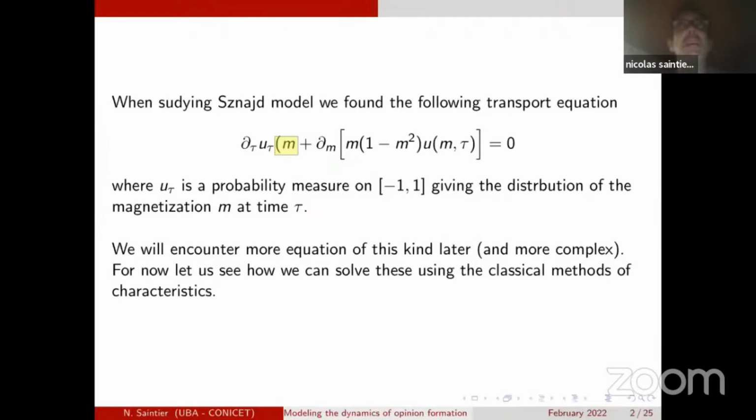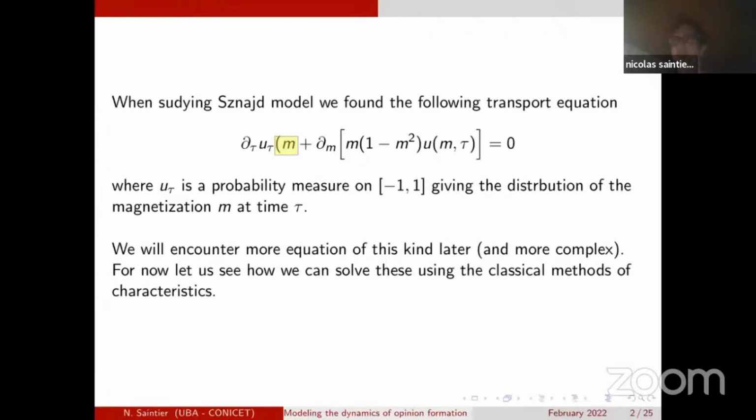And the thing is that this equation is not very complicated if U is smooth. But we saw yesterday that U in our setting was a probability distribution, a probability distribution over all the possible values of the magnetization. Magnetization was a parameter we used to characterize the state of the system. So if U is a probability distribution, there is no reason for it to be smooth.